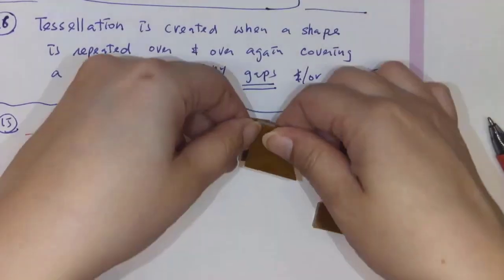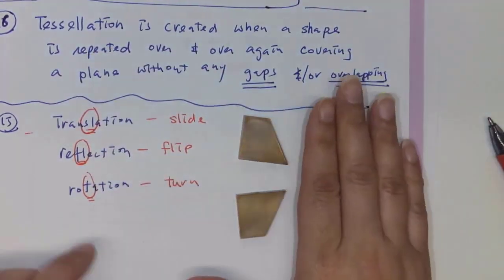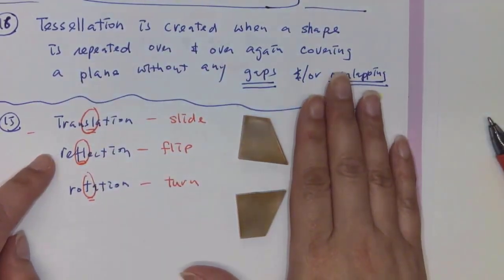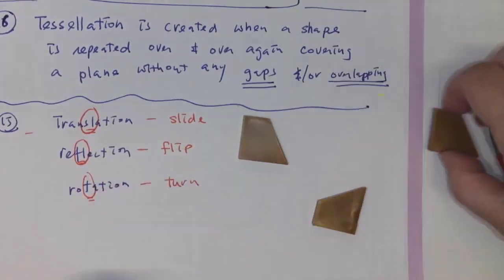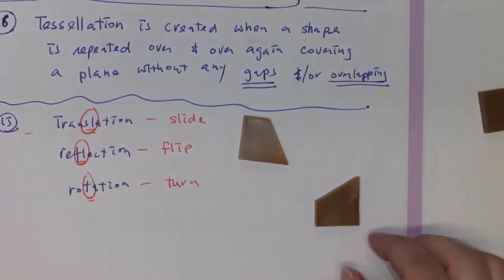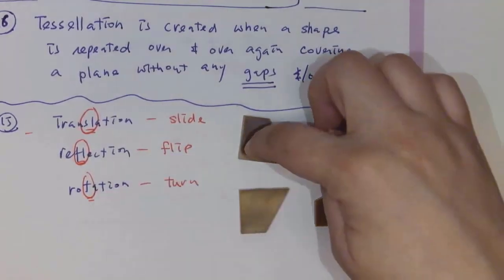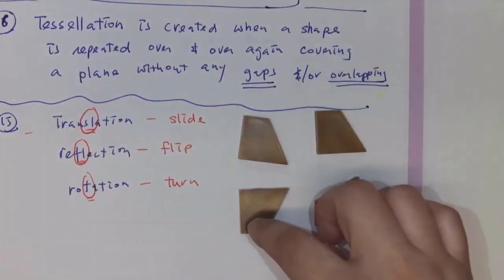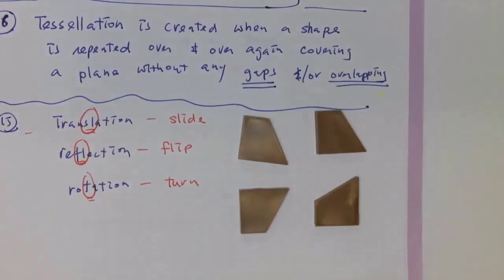So it looks like this and flips down here, so it's considered as reflection, sorry. And then if I have these 2, it's considered as turning, so it's rotation. Do we have a question? So translation, reflection, rotation. Questions?